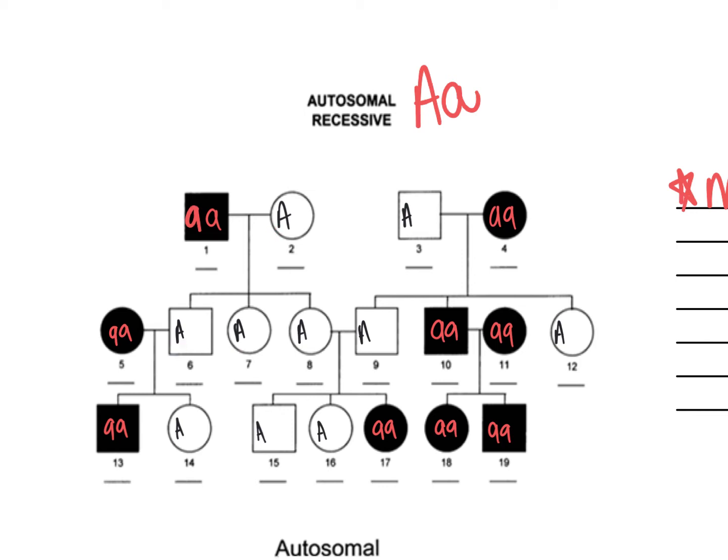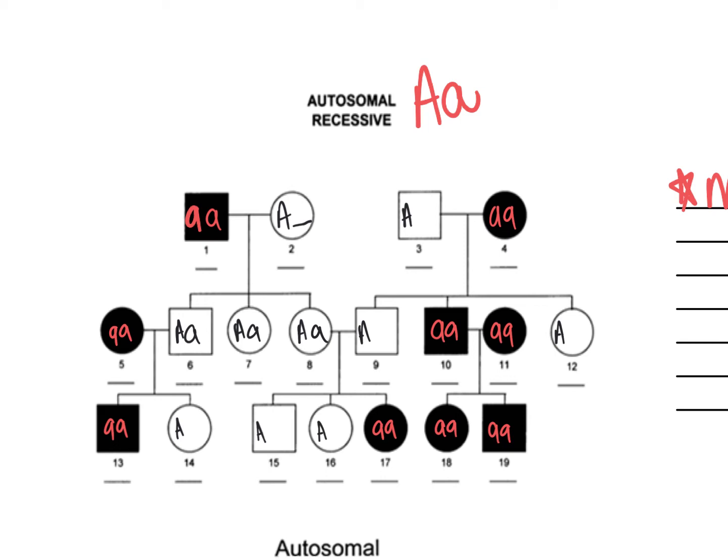So they must have gotten the dominant allele from this person, but from their other parent they must inherit one small a, because that's all that this person can produce in the gametes. So I don't have enough information to determine what this individual is, and I'm going to leave it blank. Again, I can't tell whether this person is homozygous dominant or heterozygous because these children aren't giving me any clues.